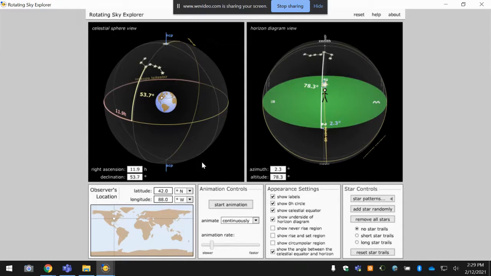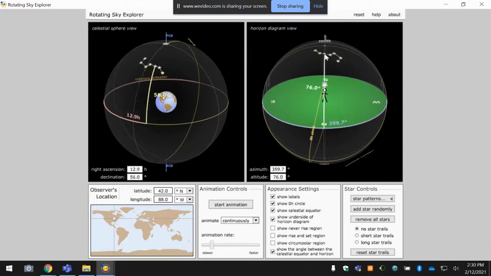Altitude for the next star, the star that's 11.9 right ascension and 53.7 declination, is 78.3. Next star, here's the right ascension and declination, altitude 74.9.